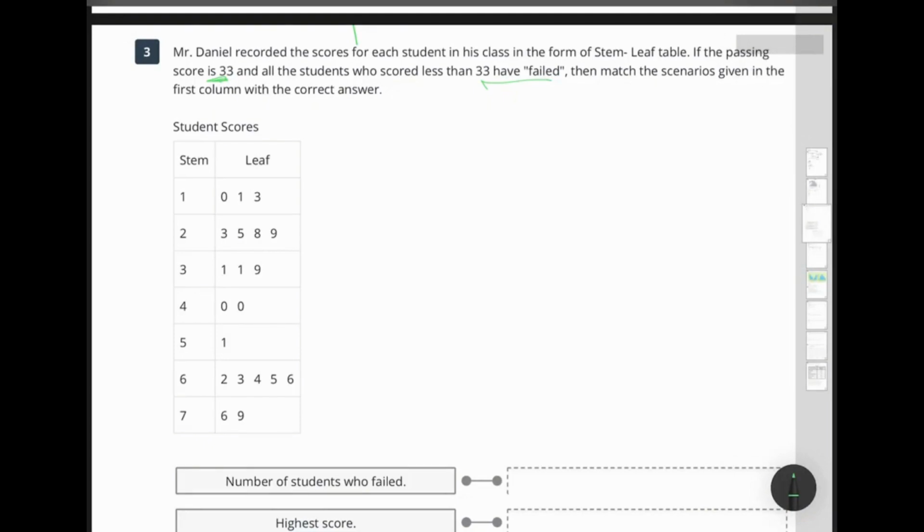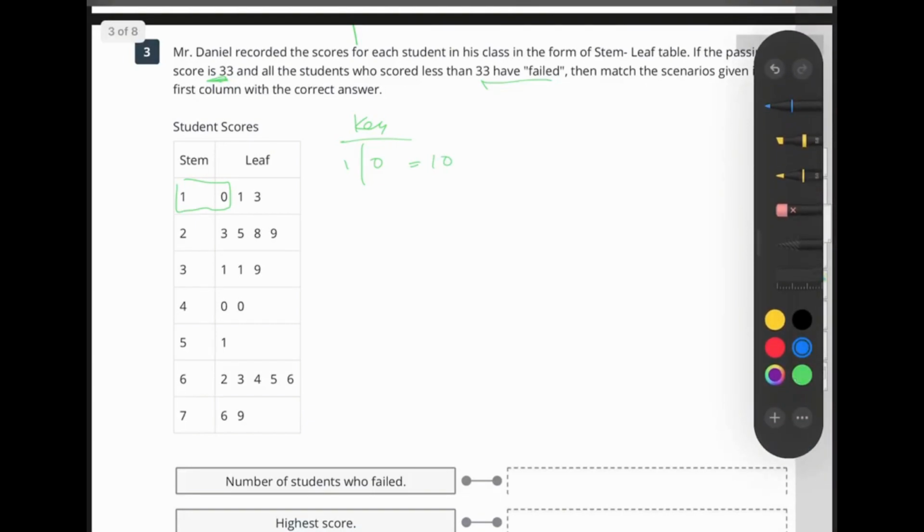So it looks like my stem here, they don't have a key, but the key would read, this would equal 10. So in my stem, this is times 10. So 1 times 10 is in the 10s, 20s, 30s, 40s, 50s, 60s, and 70s.